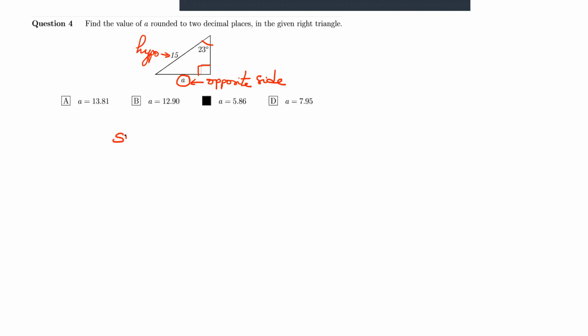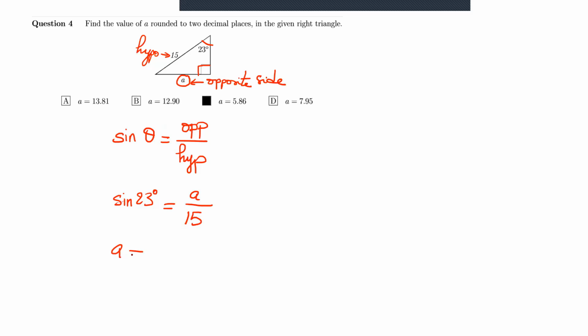Sine of theta, we all know that it's opposite over hypotenuse. So if we take theta equal 23 degrees, we get opposite side is A and hypotenuse is 15.